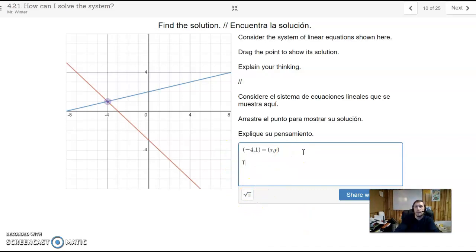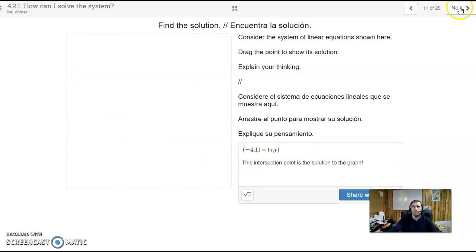This intersection point is the solution to the graph. So they have one solution, it's where they intersect. And so if you can graph them and you can find that point they intersect, that is your solution. This is one solution because they intersect at one point.